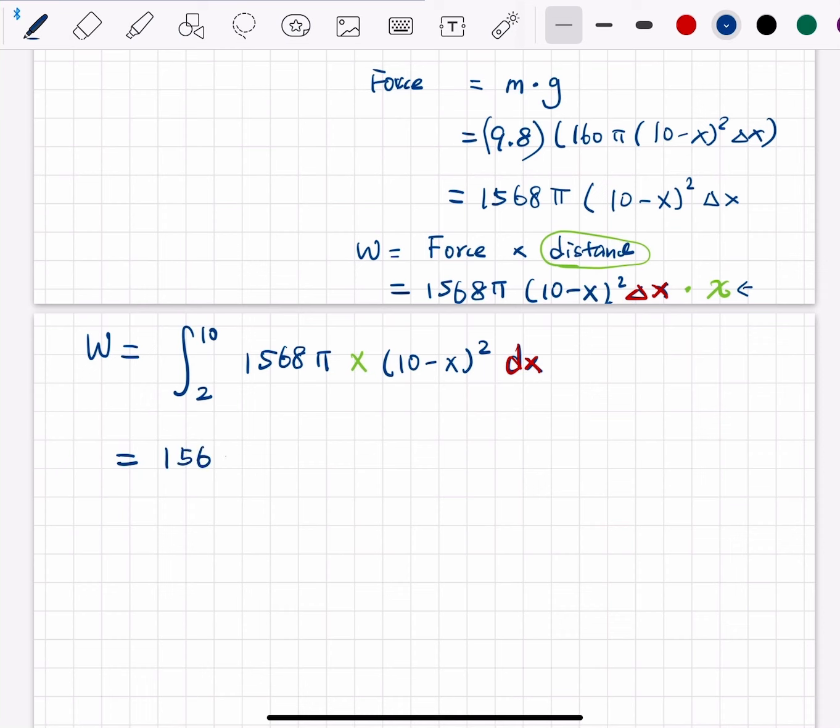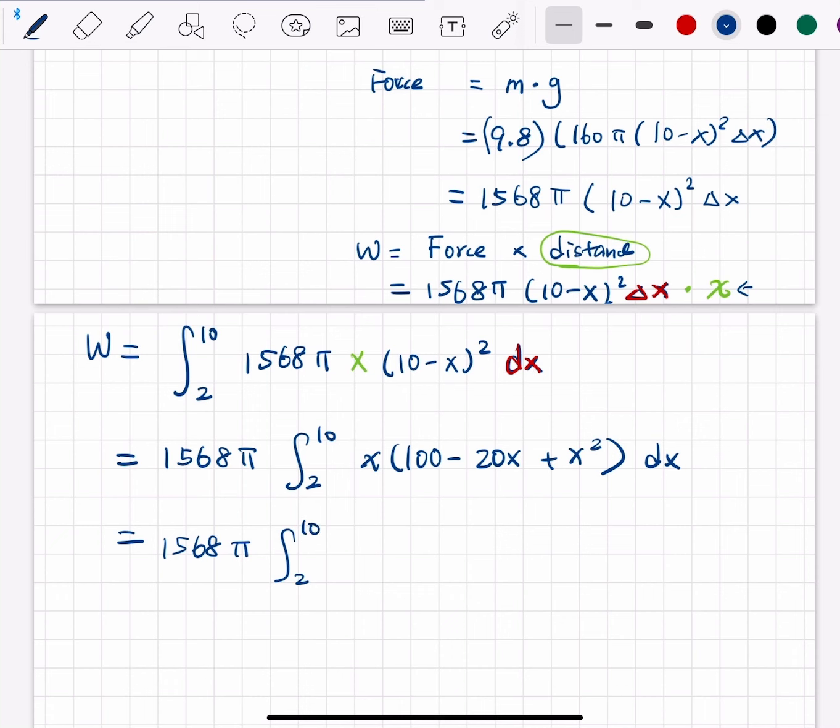Move the constant out. Multiply the (10 minus x) squared, which is 100 minus 20x plus x squared, dx, which is 100x minus 20x squared plus x cubed.